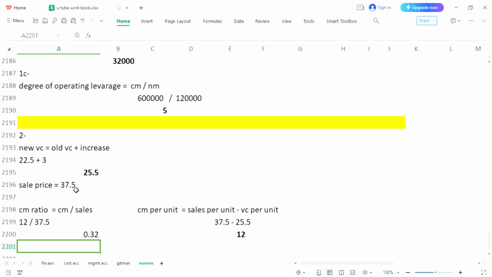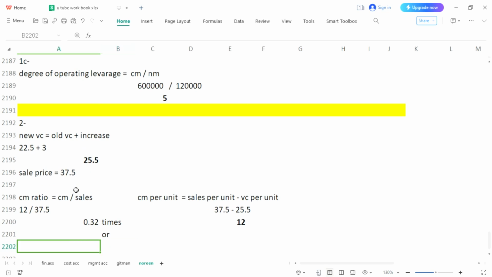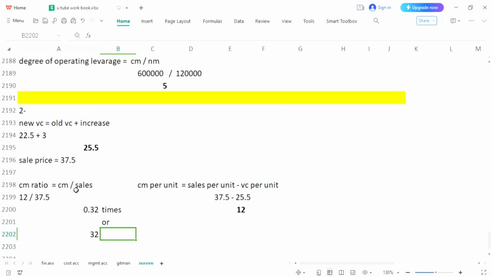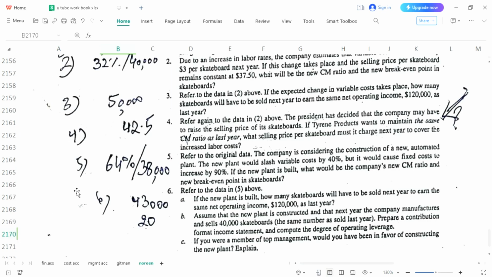We can write it in terms of times over here, or we can write it in terms of percentage. How? You will take this answer and will multiply it by 100. So you have got it in terms of percentage as well. CM ratio.